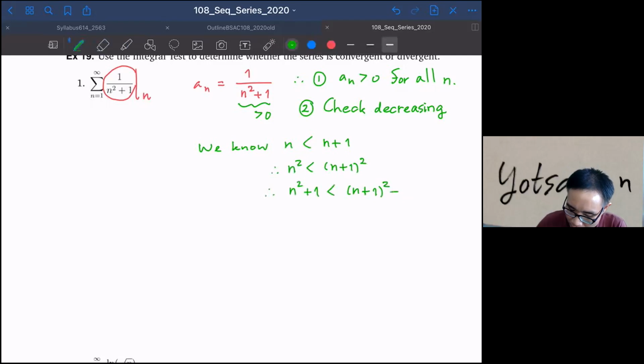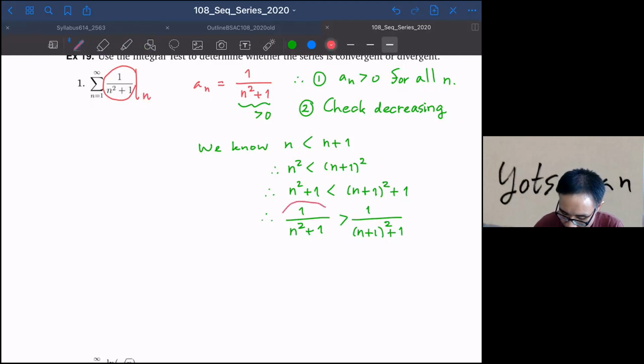And you need this on the bottom, so you flip it down. It's going to be 1 over n squared plus 1, which is more than 1 over n plus 1 squared plus 1. And this is an, and this is an plus 1.